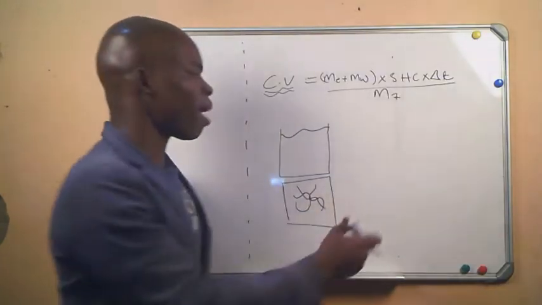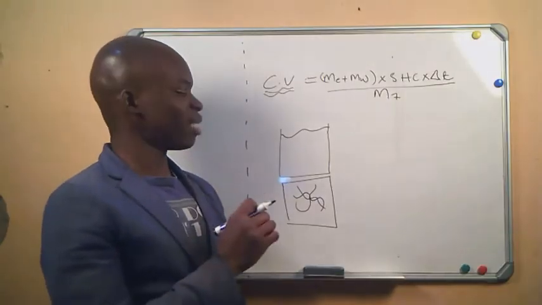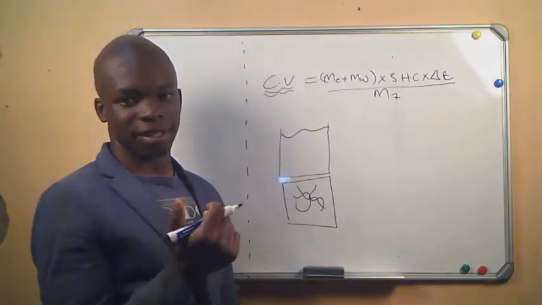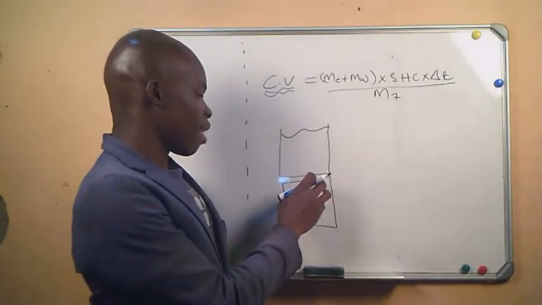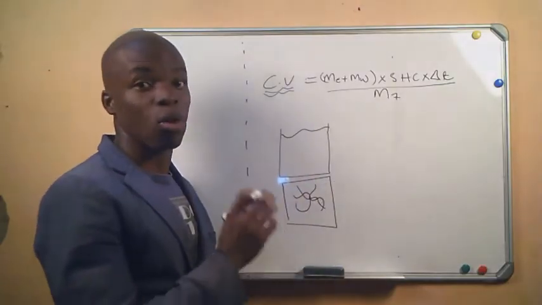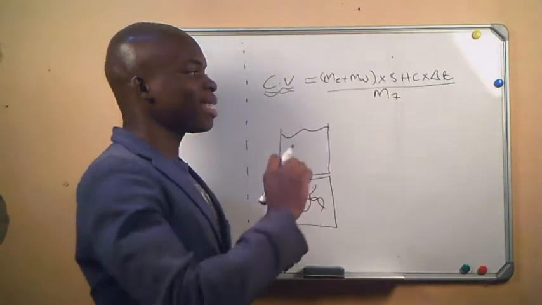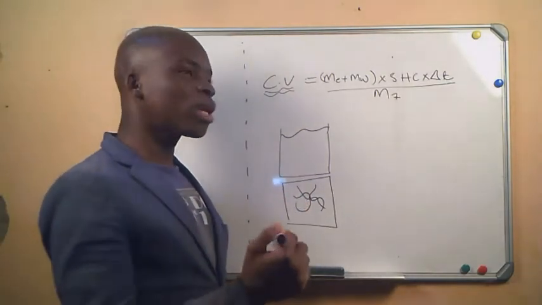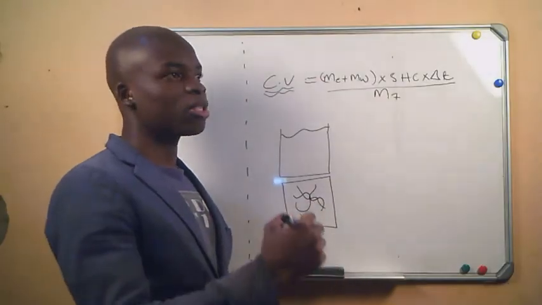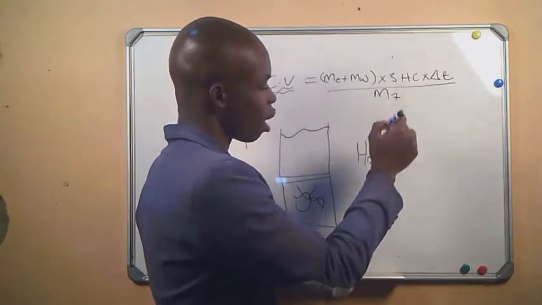So remember boiler efficiency. We know that there is no such thing as 100% efficiency. So not all the heat energy produced by the coal will be transferred to the water. But in this case, we will only be looking at the losses that take place because of the molecule H, which is hydrogen.